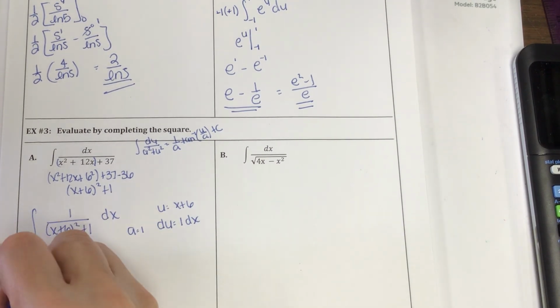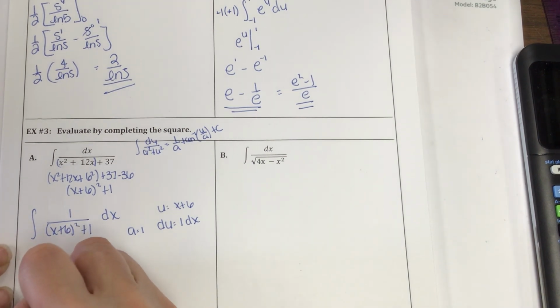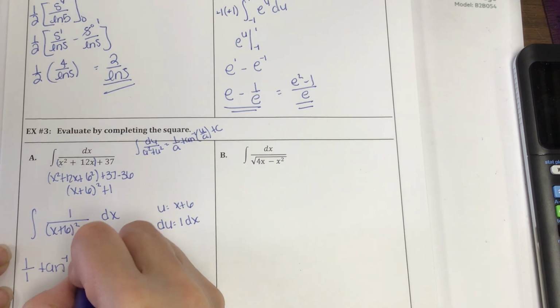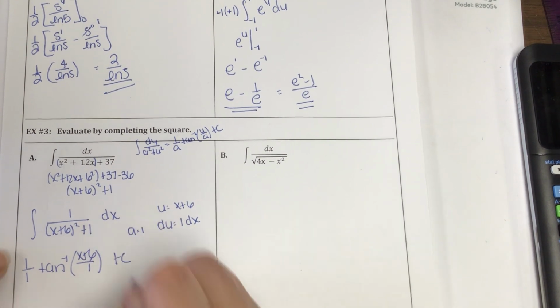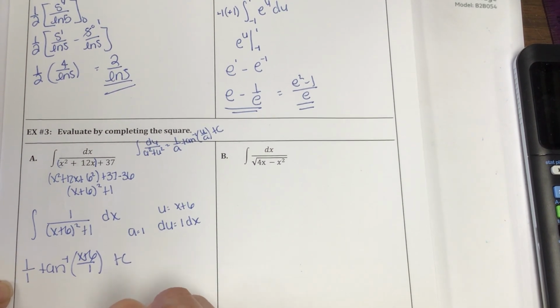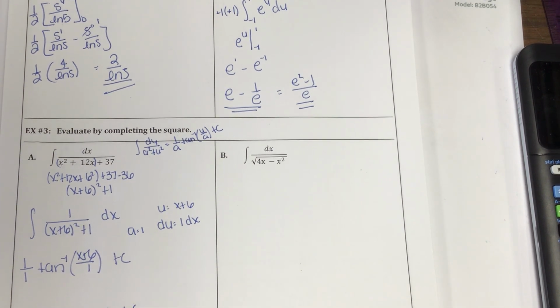And so then we'd have 1 over 1, because it's 1 over a, inverse tangent of u over a, so x plus 6 over 1 plus c, which would just give us inverse tangent of x plus 6 plus c. Does that make sense? Questions?